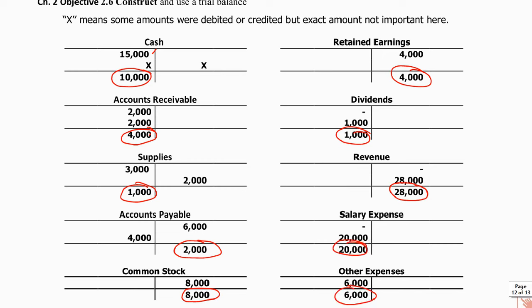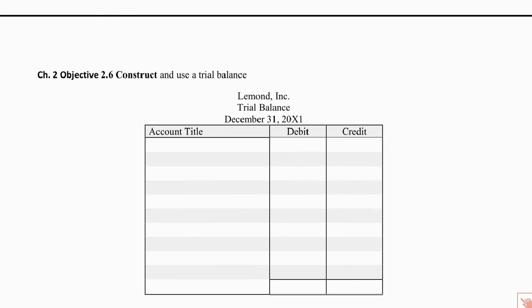Okay, this might be a little difficult to toggle. I'm just going to write these real quick. We're going with the assets: 10,000, 4,000, and 1,000.